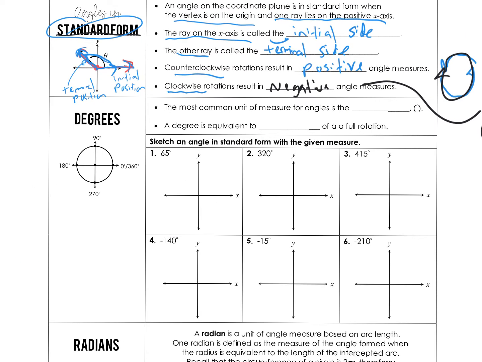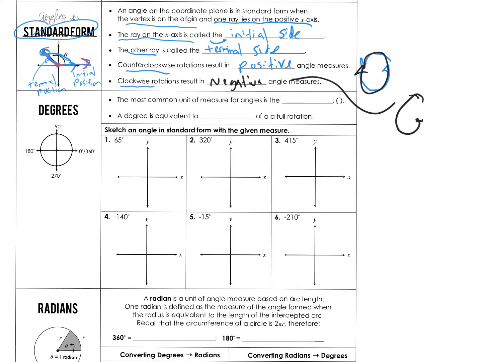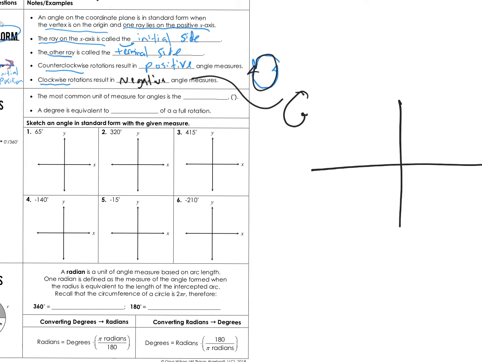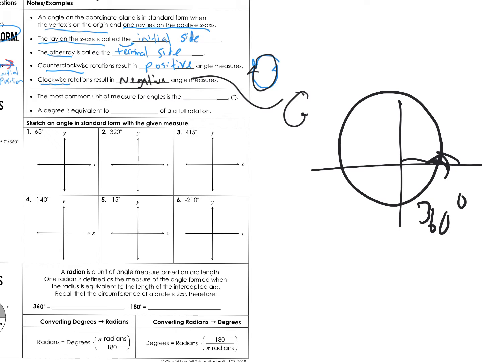All right, let's talk about degrees. The one angle measurement unit that you should be very familiar with. How many degrees in a circle? 360 degrees. If my initial side is here and my terminal side goes all the way around, it's traveled 360 degrees. Or 720 radians? No, it's not 720.